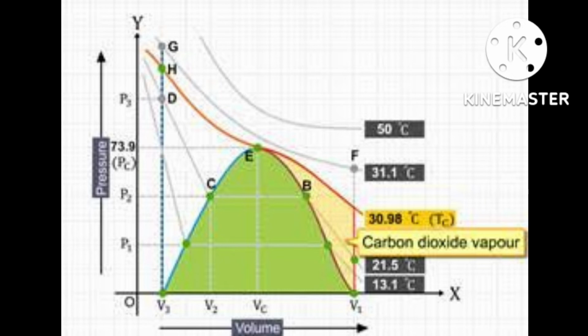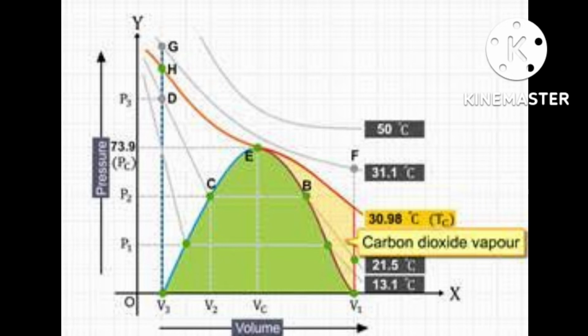Liquefaction of so-called permanent gases. Permanent gases, I told you, oxygen, hydrogen, nitrogen, and helium, all are called permanent gases. Liquefaction of so-called permanent gases, that is, gases which show continuous positive deviation in Z value.